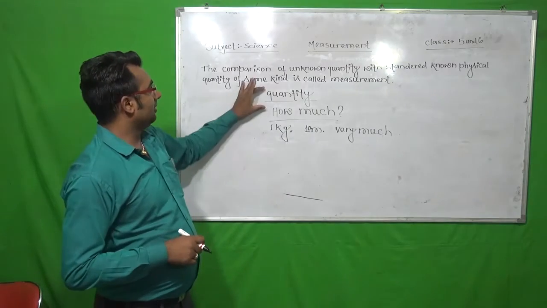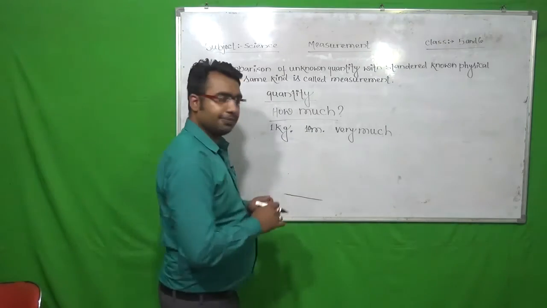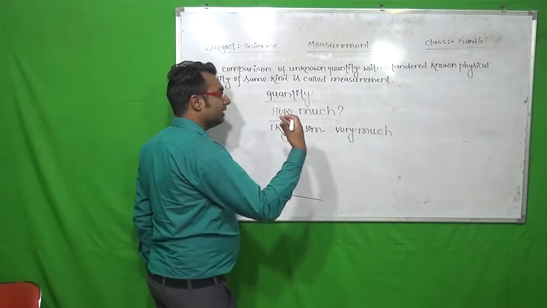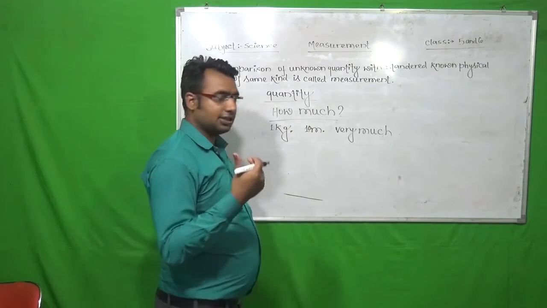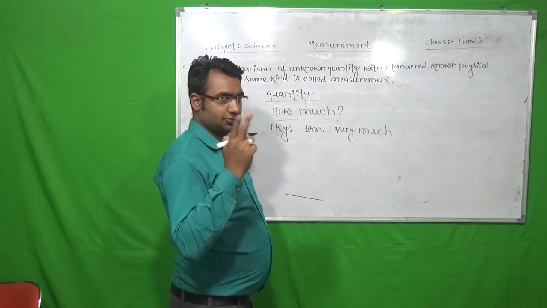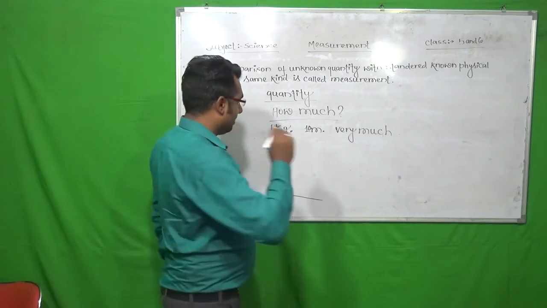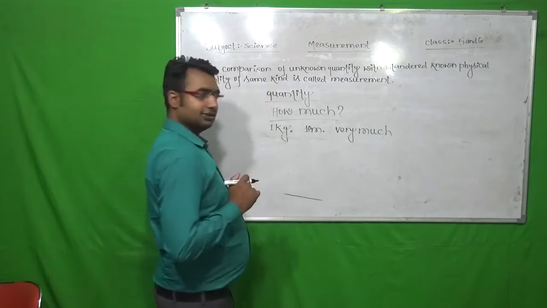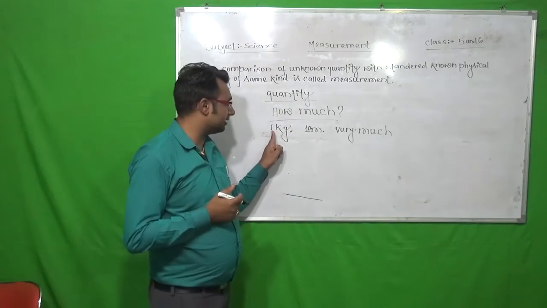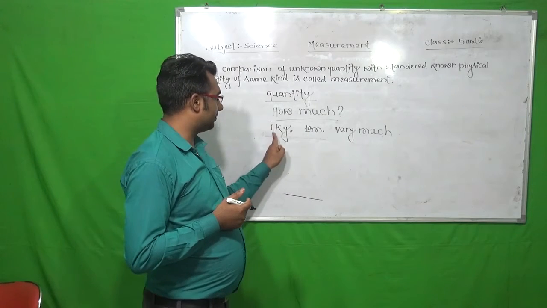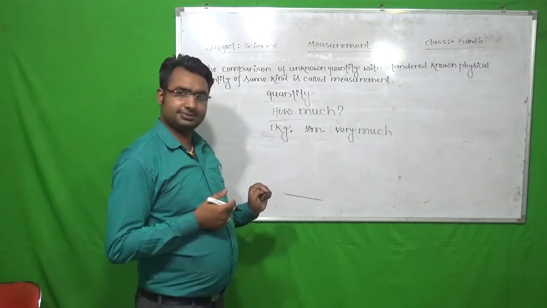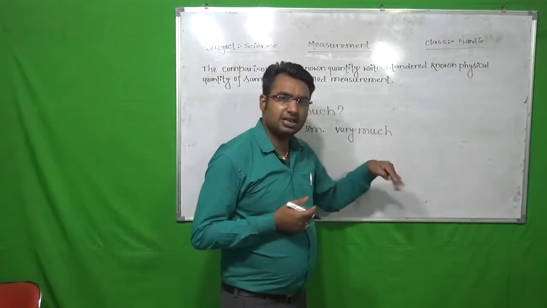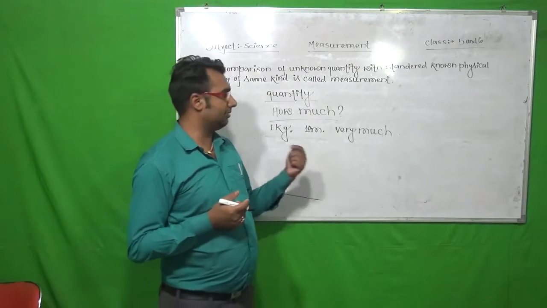In another way, we can also know one thing: when we ask the question "how much?", the answer will come in two types. Some answers can be expressed in the form of number, and some answers cannot be expressed in terms of number.